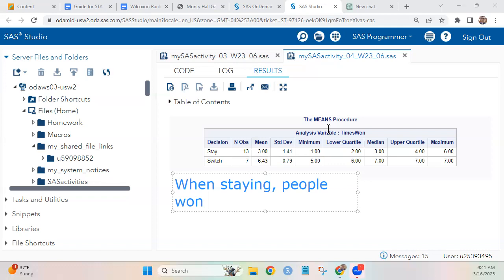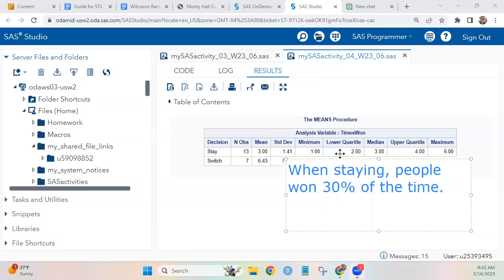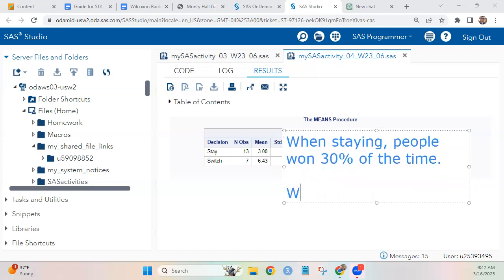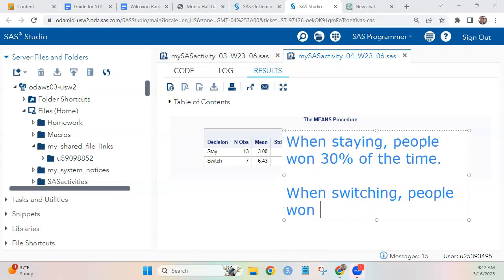And so this is averaged across everybody. So we can think of this as out of 10. So then what does this tell us for 30%? People won 30% of the time. And when switching, people won how often? Yeah, 64.3% of the time.